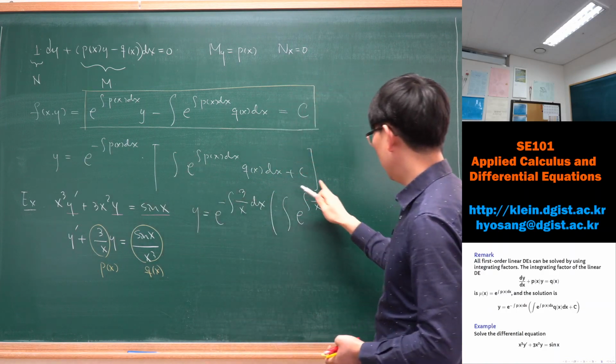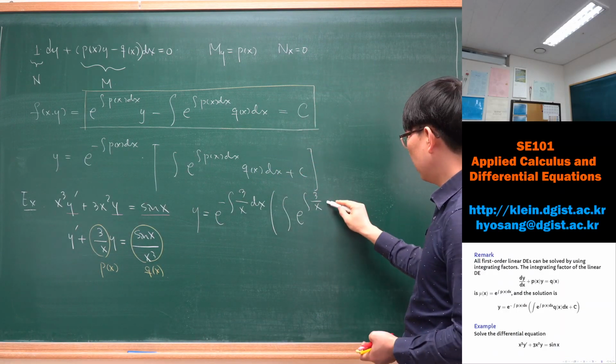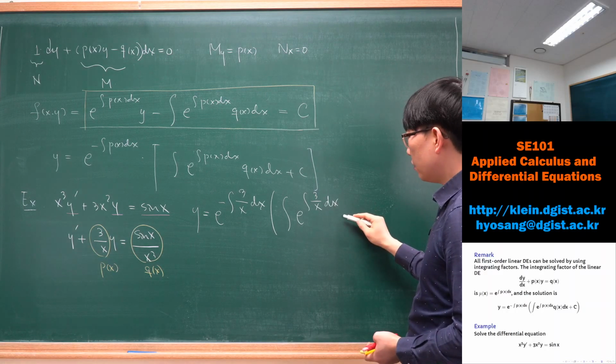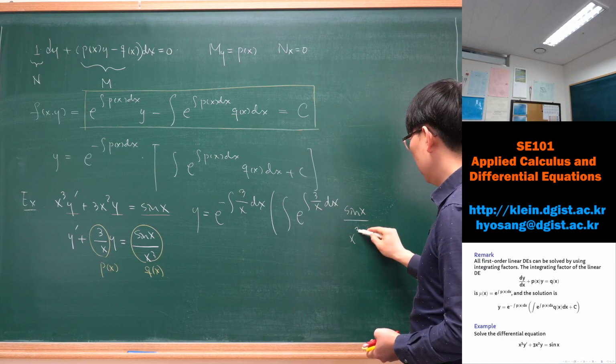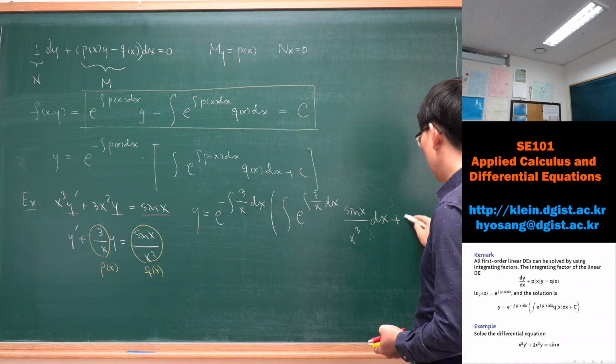So we simply integrate 3 over x dx. And q is sine x over x cubed dx plus c.